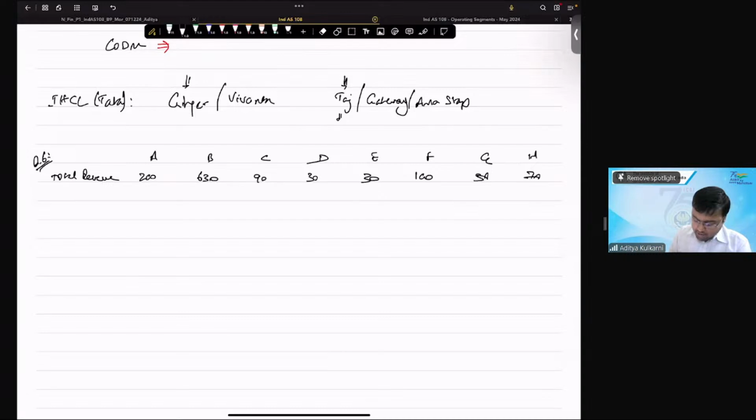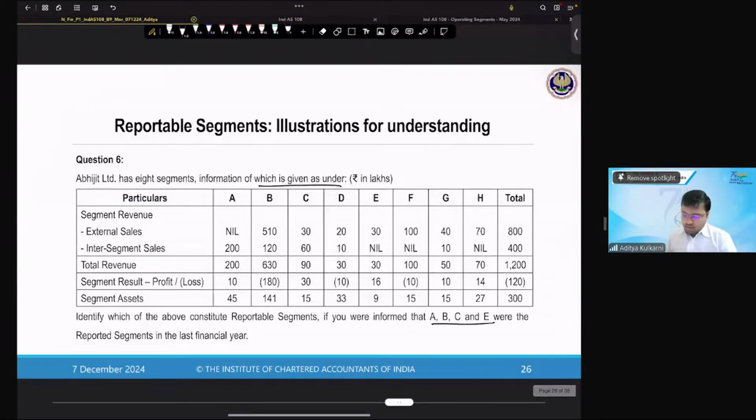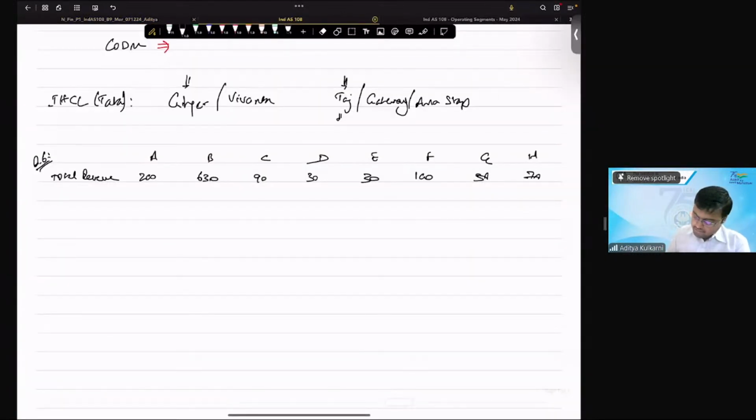Total of this is how much? 1200. Correct? This total is 1200. Any doubt so far?